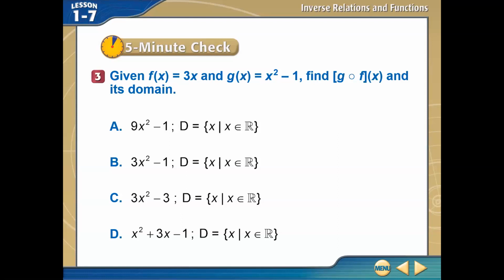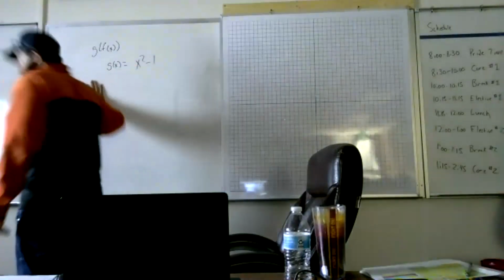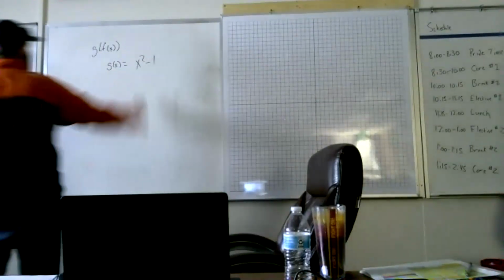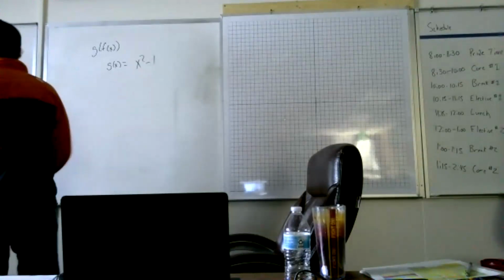In order to do that, remember that we first want to write out what g of x is. g of x is equal to x squared minus 1. And we want to plug in the entire function of f of x anywhere that an x occurs in g of x.